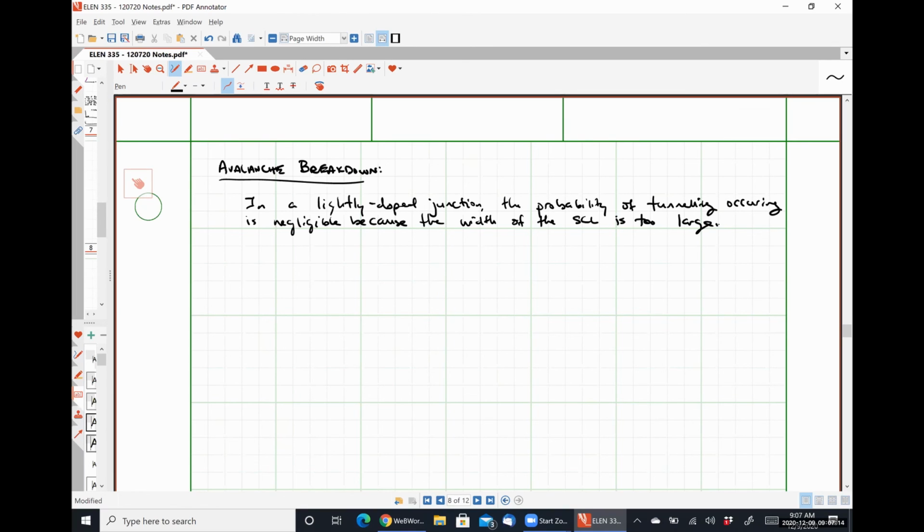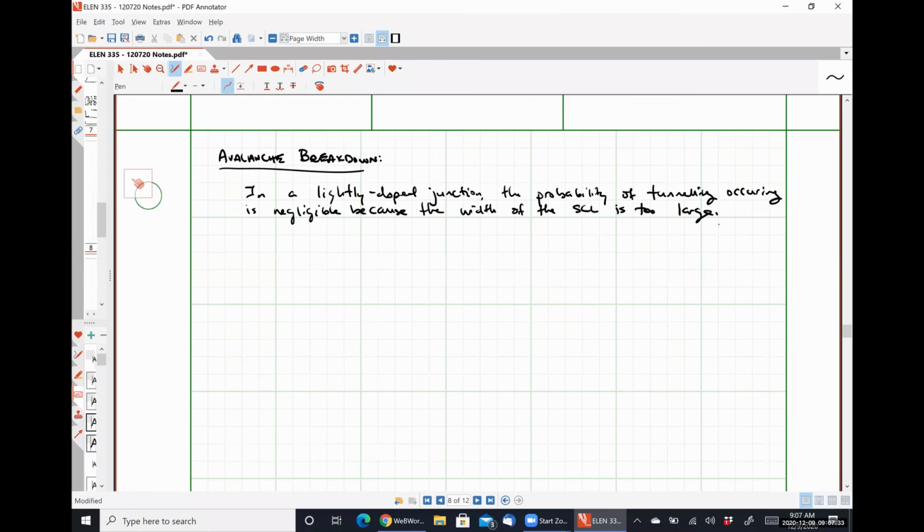So instead, if an electron diffusing from the p side reaches the depletion region with sufficient reverse bias voltage, the electric field will be large enough to impart enough energy to break the covalent bonds of the lattice structure, generating an electron hole pair. So if I draw a picture, it will probably make this a bit easier to understand what's going on.